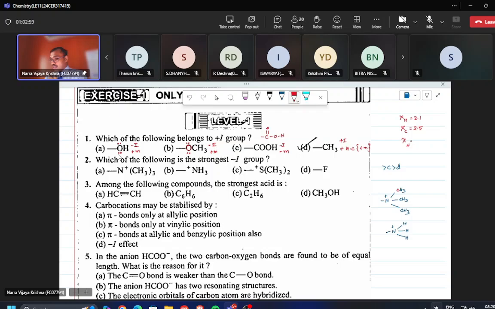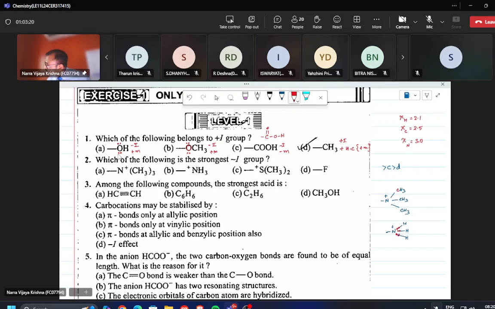Electronegativity of nitrogen is 3 or less than 3. Okay, let it be 3.